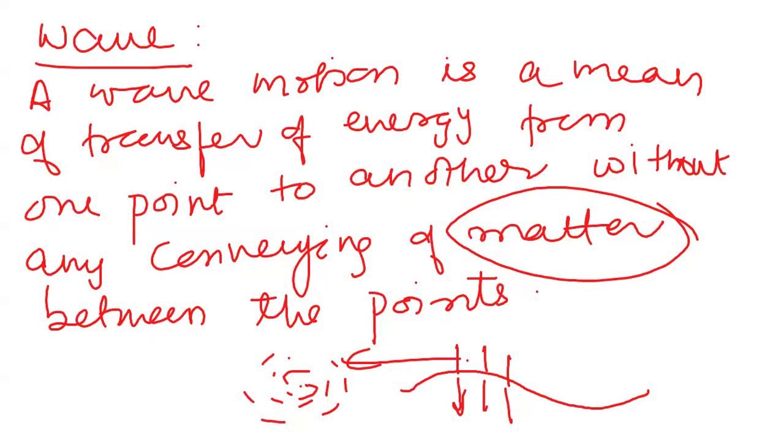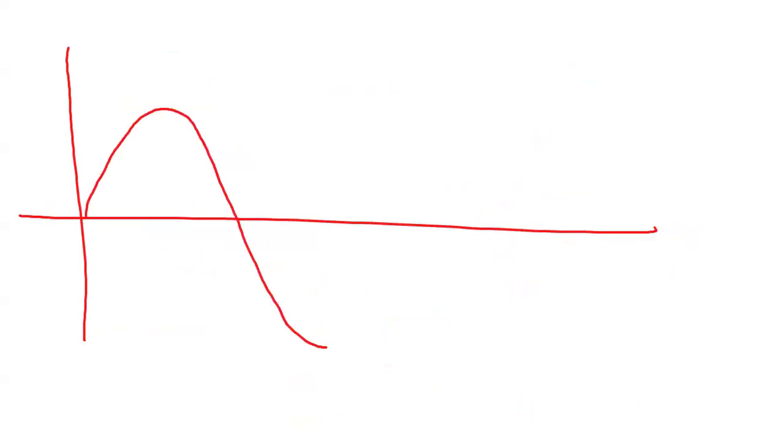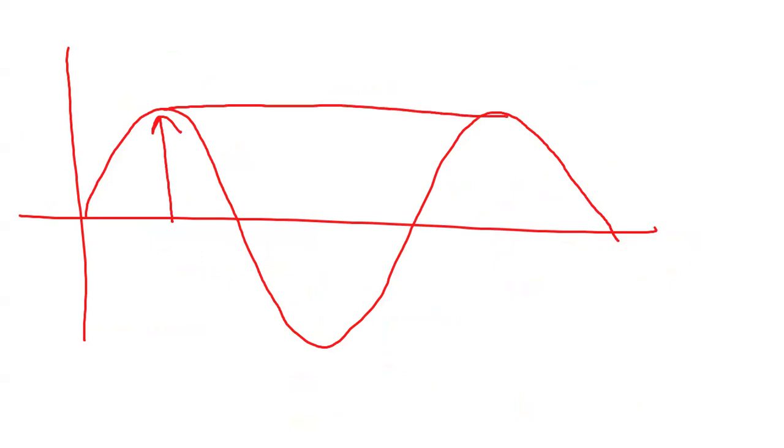Yeah. So we'll draw the diagram here. So this is up, down, up, down. So this upper part here, these are the two crests. These are called crests. And this is called a trough, the lower depression.